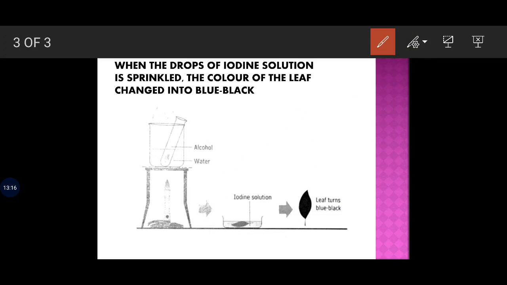Either you may put 2 to 3 drops of iodine onto it, or you may dip the whole decolorized leaf into the iodine solution. Both things you can do. And at last, what inference will you find?